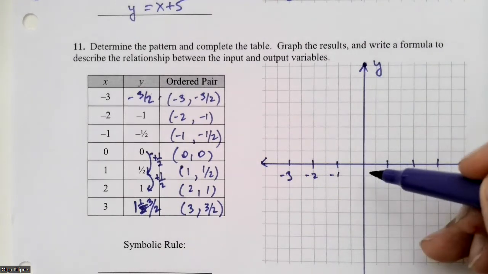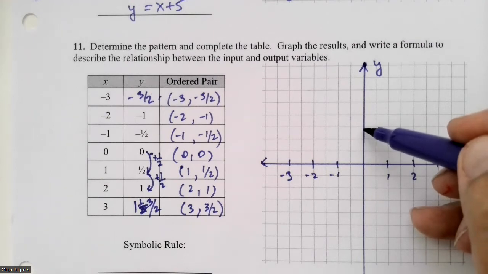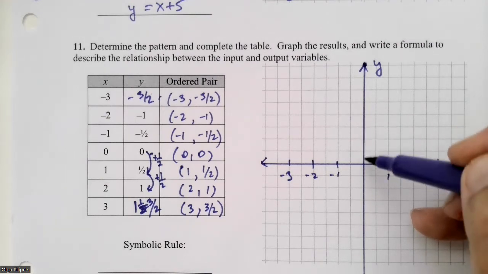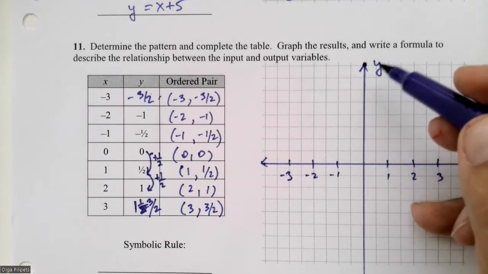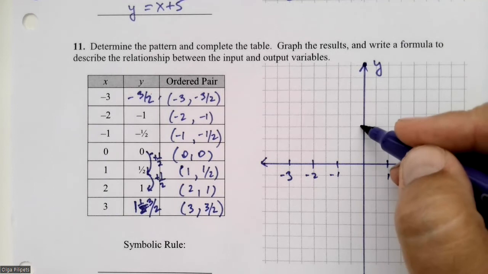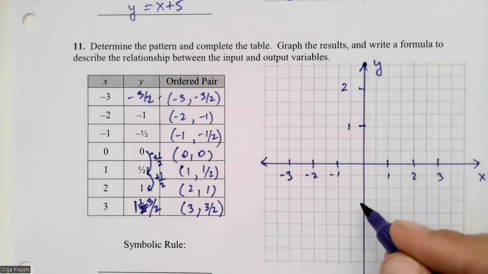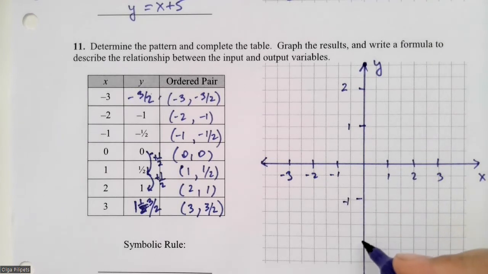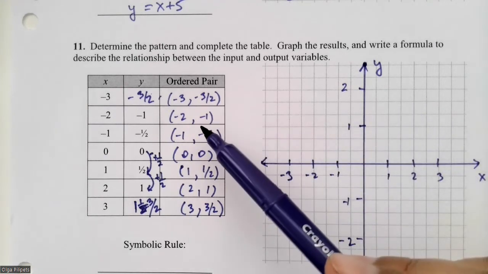So I can actually make my step really large if I wanted to. I could make it 3. Let's do it. Let's make it 3. So this is 1. This is 2. Negative 1, negative 2.